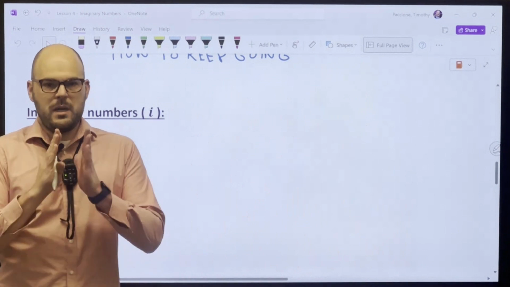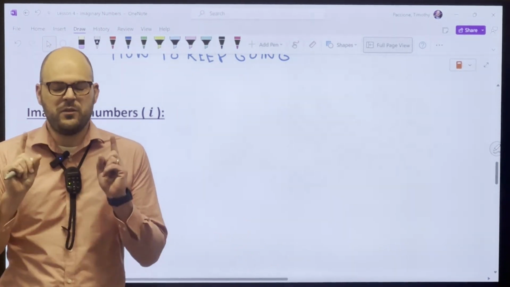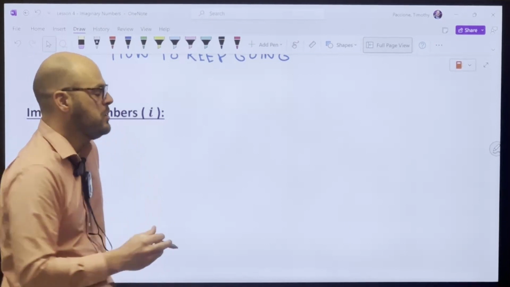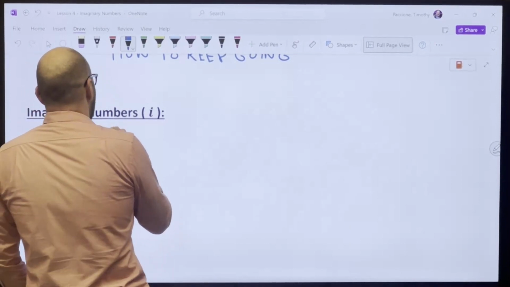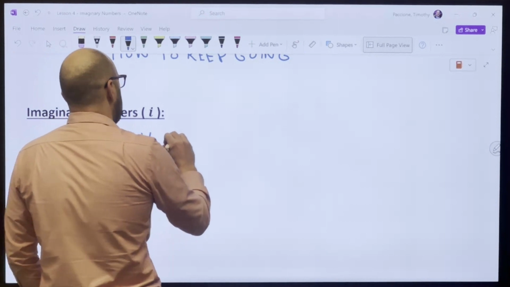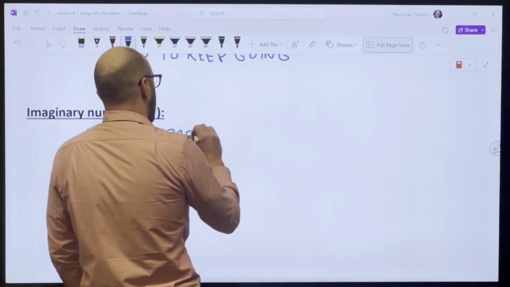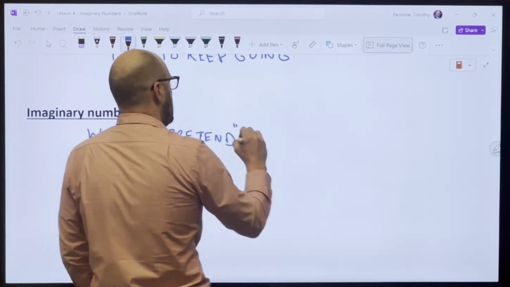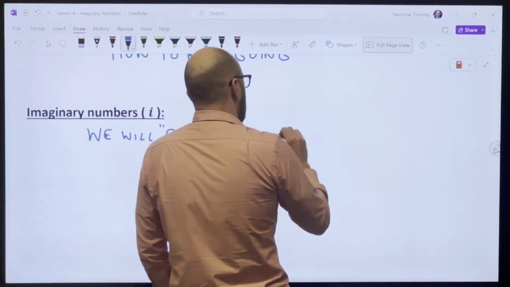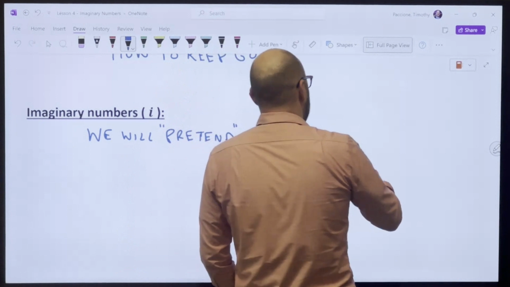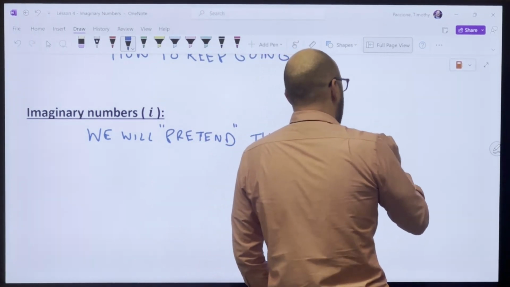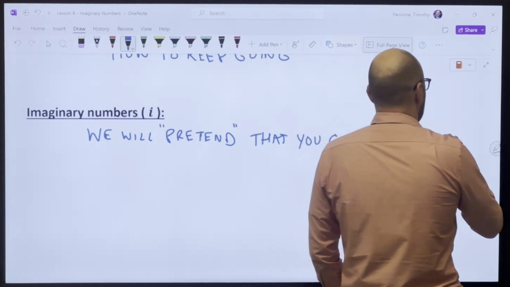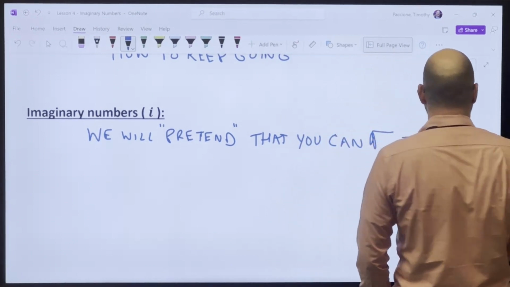So we're going to pretend that there's one number that you can square root and it's negative. Okay? So we will pretend that you can square root the number negative 1.